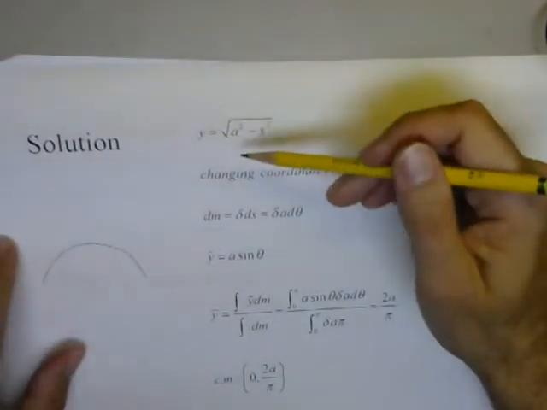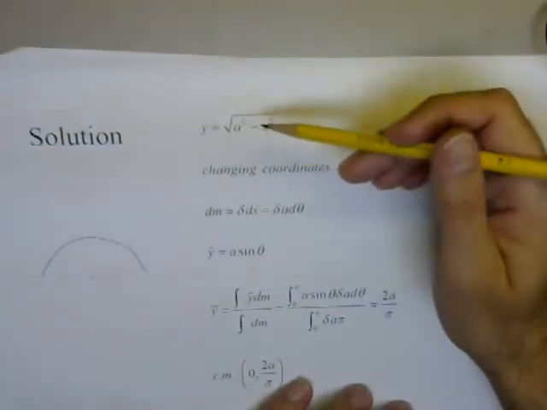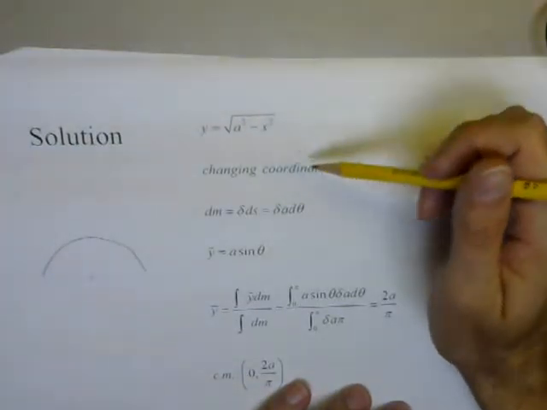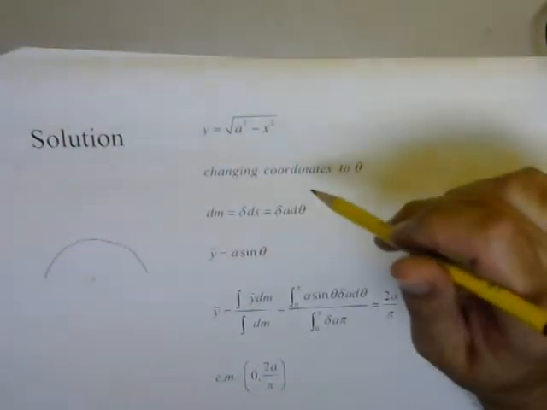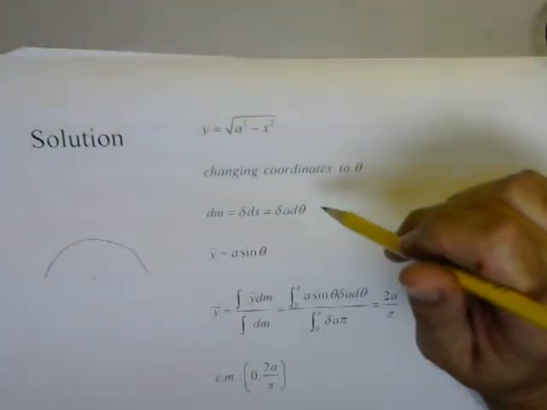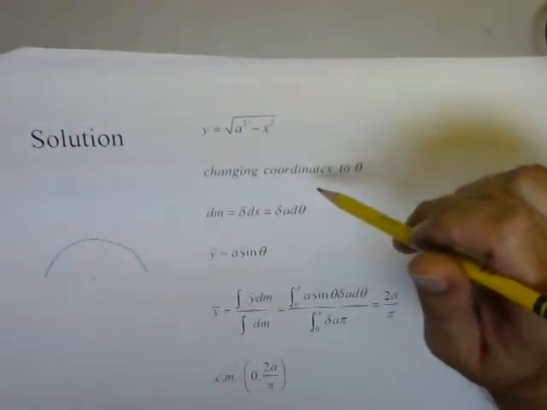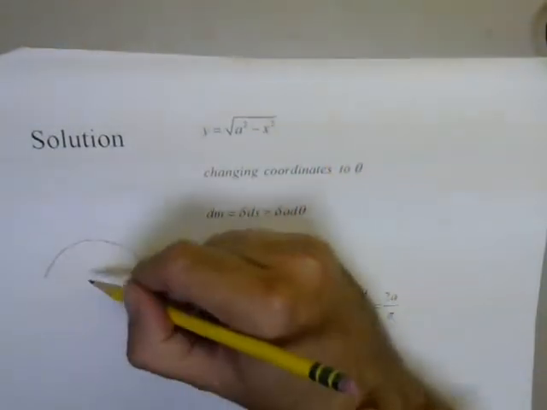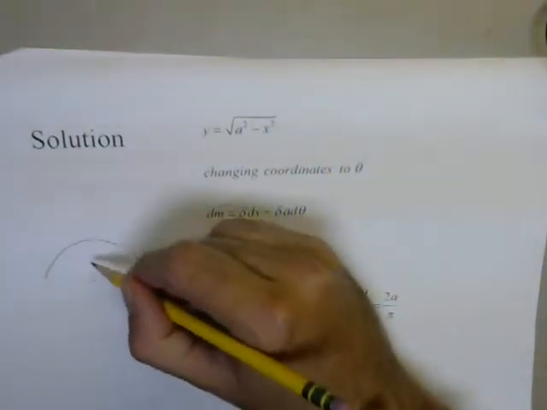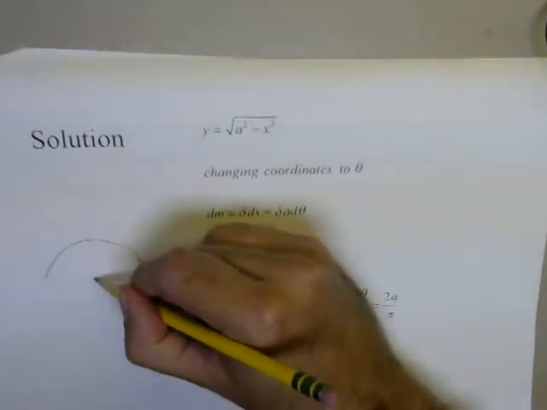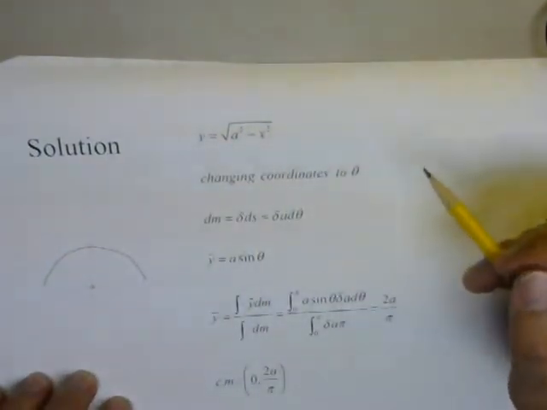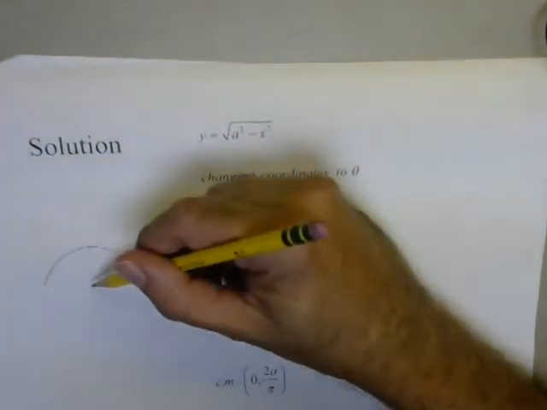And it might be easier in this case to just switch coordinate systems. Rather than dealing with x and y, it might be easier to switch to polar coordinates. It's pretty obvious in this case that the center of mass in the x direction here will be 0. So let's assume that this is the x and y axis here, and that this is the origin.